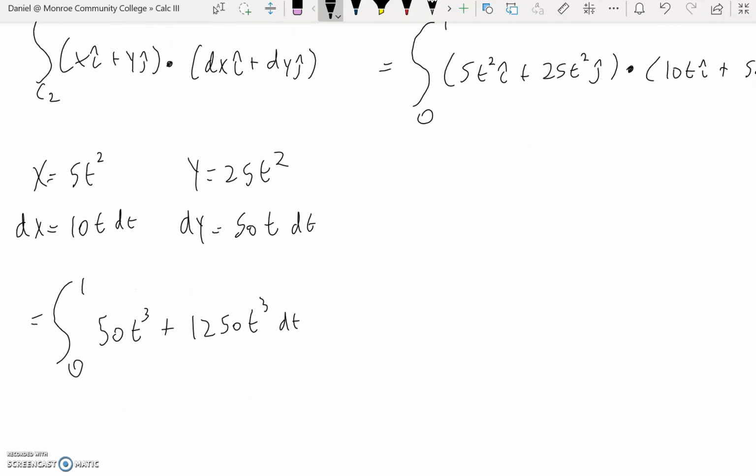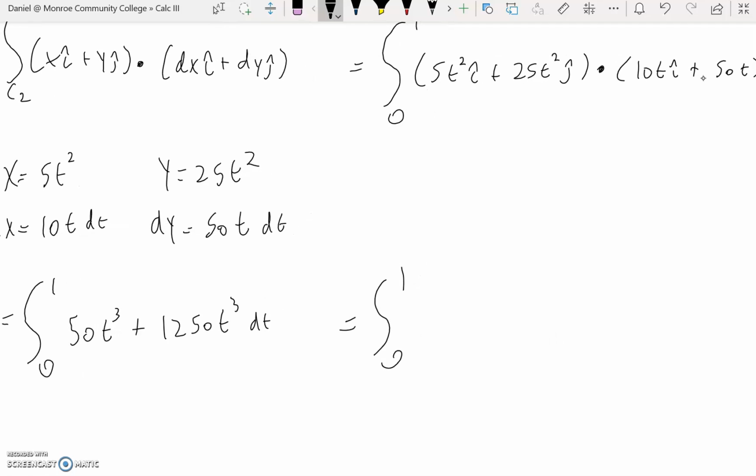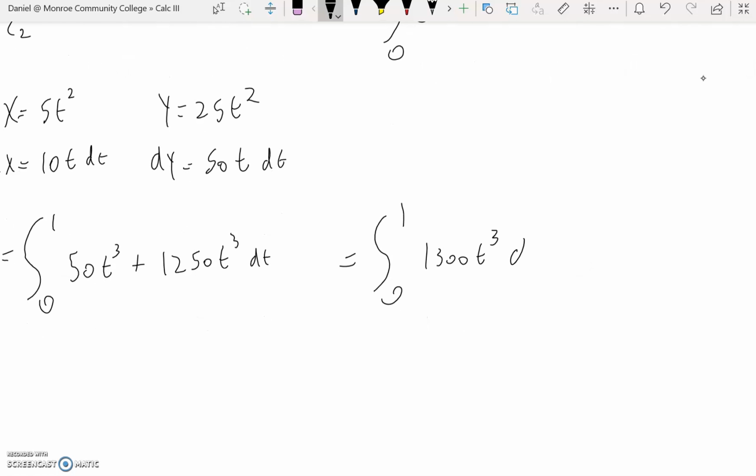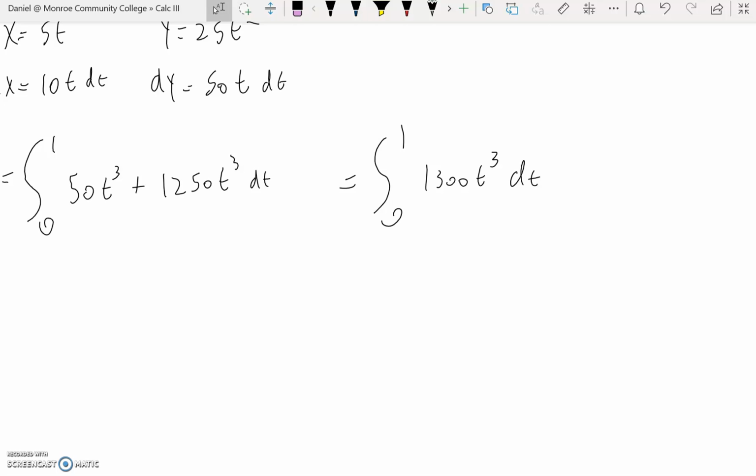You can combine those terms, so we get the integral from 0 to 1 of 1300t to the third dt. That's also a pretty easy thing to integrate.